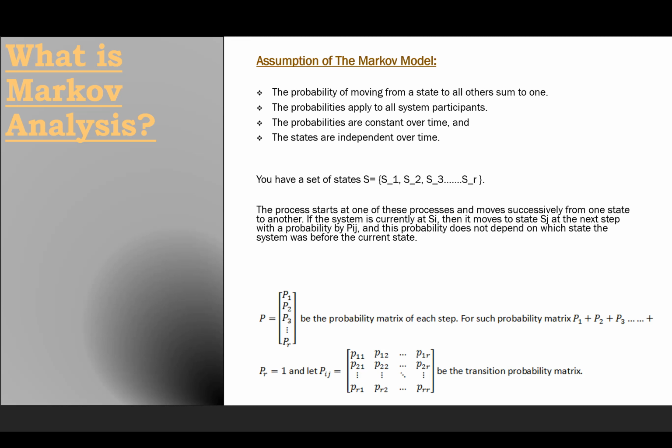And this probability does not depend on which state the system was in before the current state. The following illustration is a visual representation of the intricacies that I just referenced when analyzing the assumptions within the Markov model.